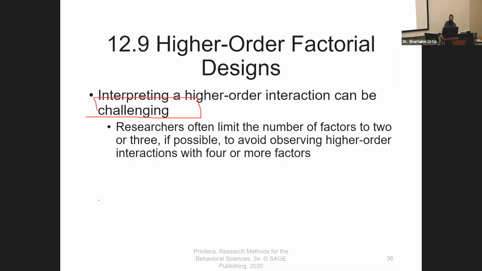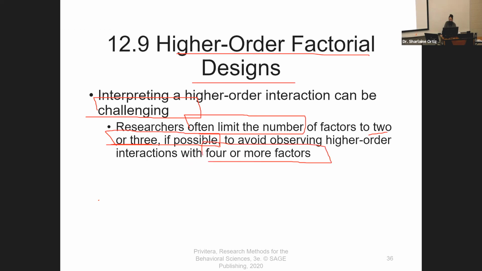Generally, most researchers will often limit the number of factors to just 2 or 3, if it is possible, because observing higher order factorial designs is immensely complicated. So if possible, you would like to avoid using 4 or more factors.